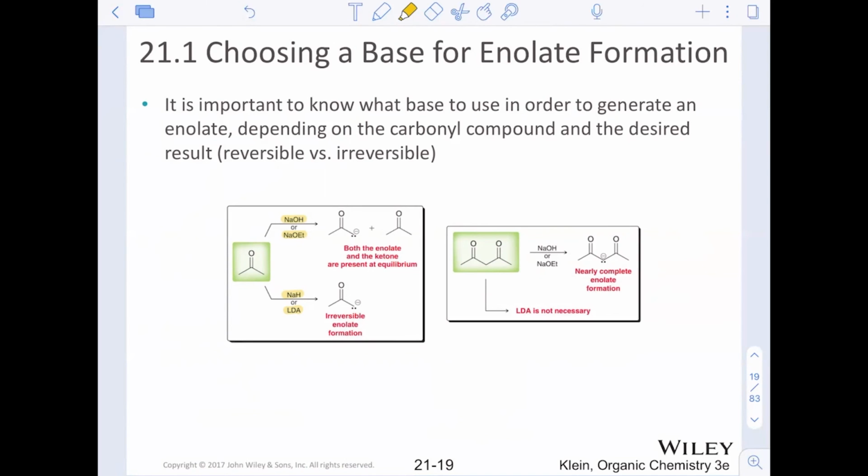If you have one of our dicarbonyl compounds, one of the carbonyls that had the pKa range extremely low, when we see those, LDA is actually not even necessary, right? If the pKa is less than 16, right, less than the conjugate acid of hydroxide or ethoxide, then it's nearly completely enolate formation, right? So when we're thinking about the pKas of a dicarbonyl, they ranged from about 13 to 9.